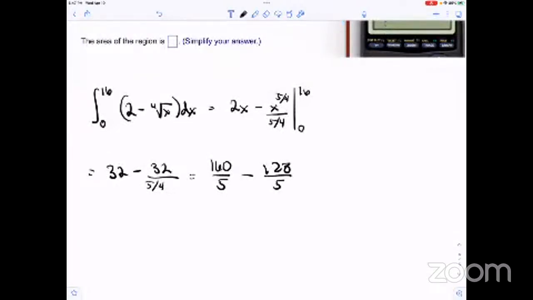Okay, that's 32/5. We could probably leave it like 32/5. Let me try this. Let's see, we get 32/5.